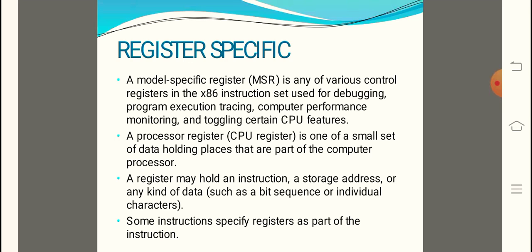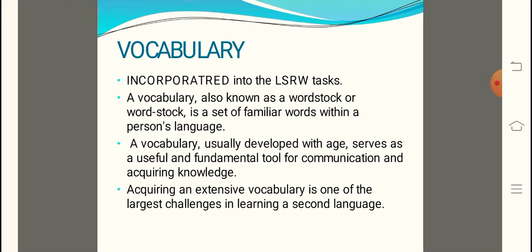A processor register, that means the CPU register, is one of a small set of data holding places that are part of a computer processor. A register may hold an instruction, a storage address, or any kind of data, such as a bit sequence or individual characters. Some instructions specify registers as part of the instruction.